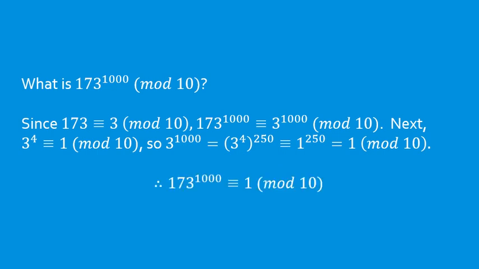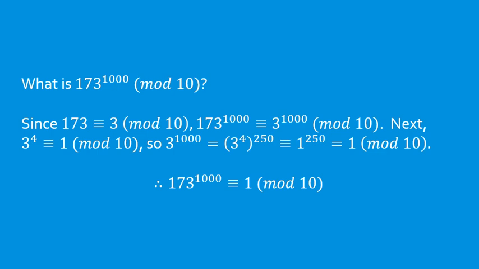So, therefore, 173 to the 1,000th power is congruent to 1 modulo 10. We know that the digit in the ones place of this massively large number is going to be a 1.